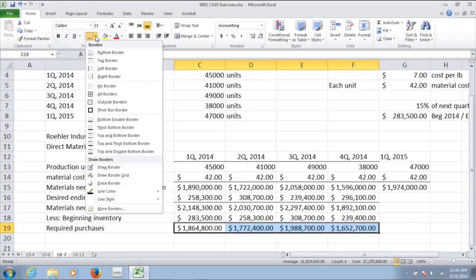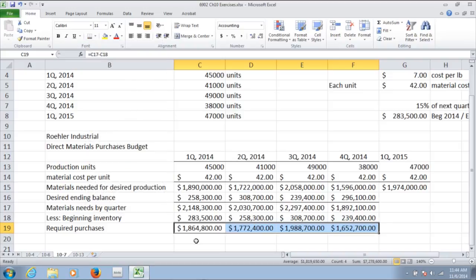Now, it's important here that as we examine this, we say, okay, notice there's some variation by quarter. And in fact, this may be seasonal or cyclical in some measure, because we see that the first quarter has 45,000 in 2014, 47,000 in 2015. But the second quarter drops, the third quarter increases, the fourth quarter drops again.